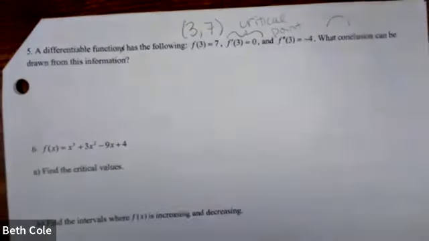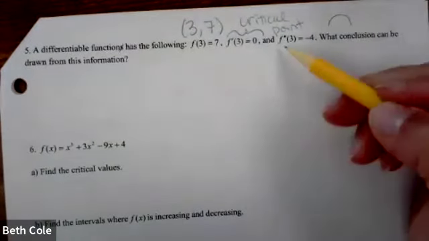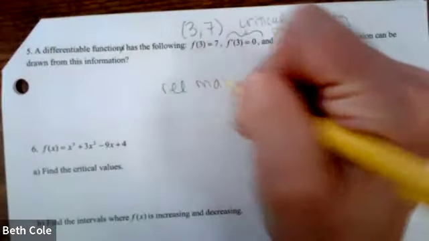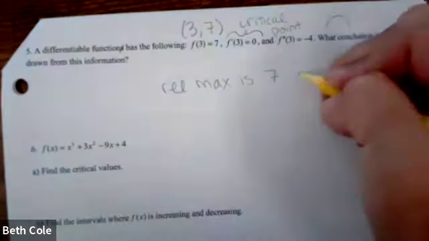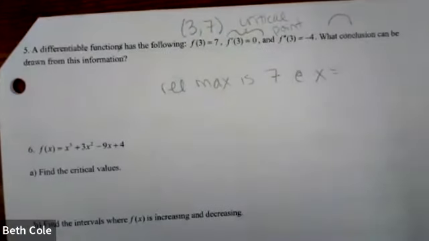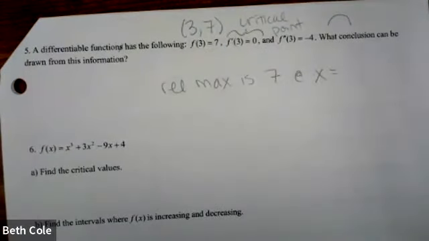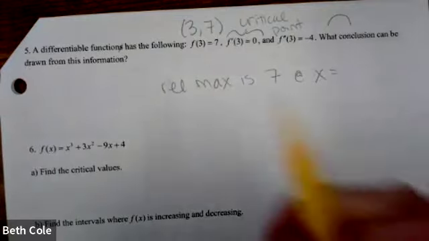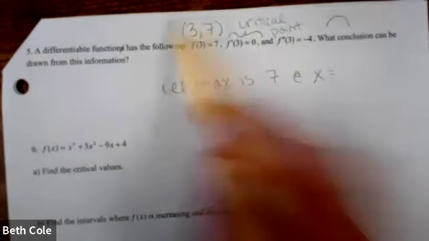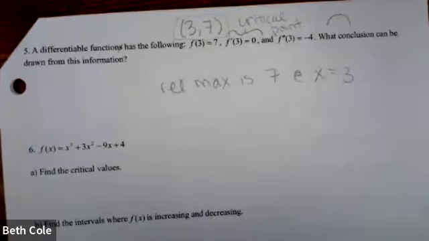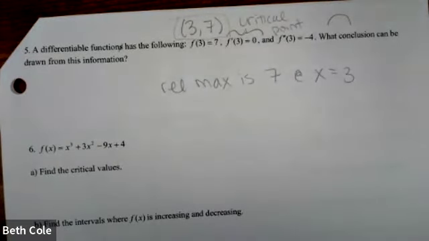That means concave down. So what is the overall conclusion? You have a critical point, so our relative maximum is 7 at x equals 3. Good job. That would be like a multiple choice question. In fact, I think I stole that question from a multiple choice AP question.